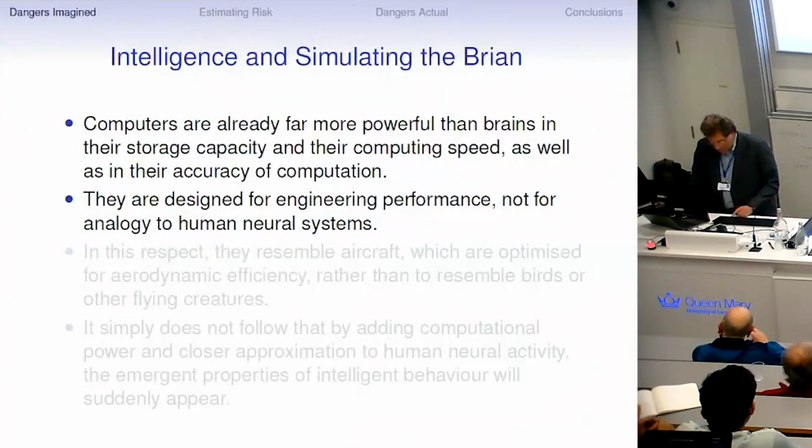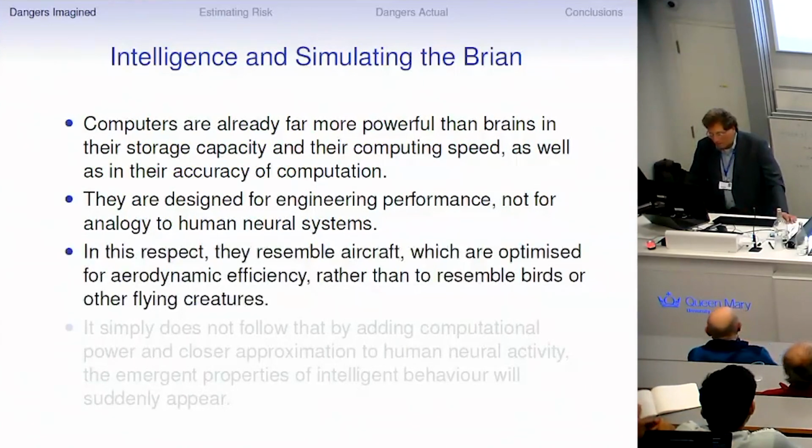So in this respect, they're like aircraft. We don't design aircraft to resemble birds or bees or other flying creatures, right? We design them in order to achieve certain engineering effects, to fly at 30 to 40,000 feet at maximum stability and storage ability and whatnot.